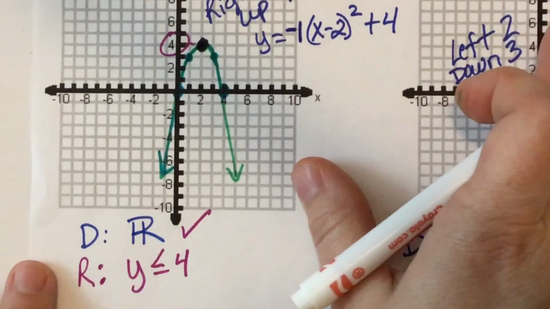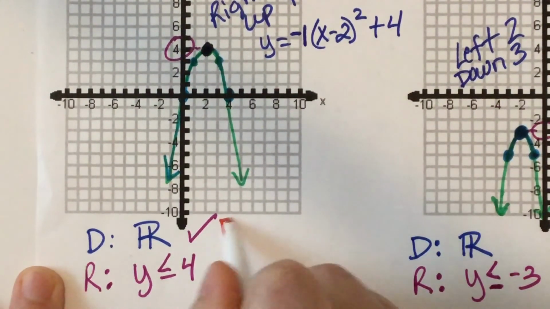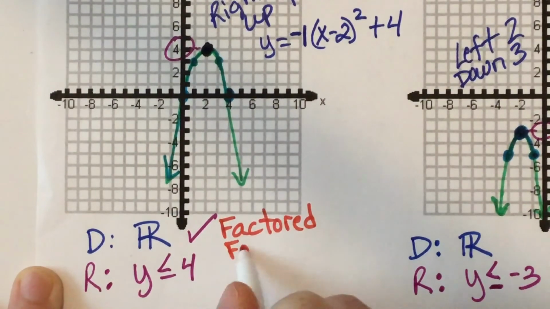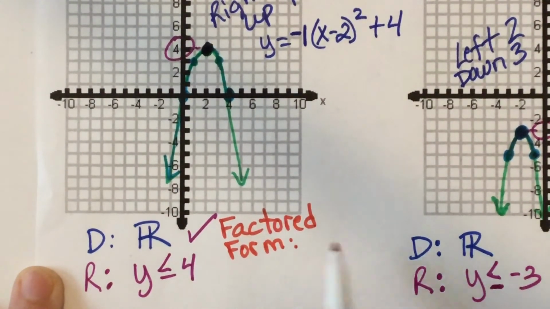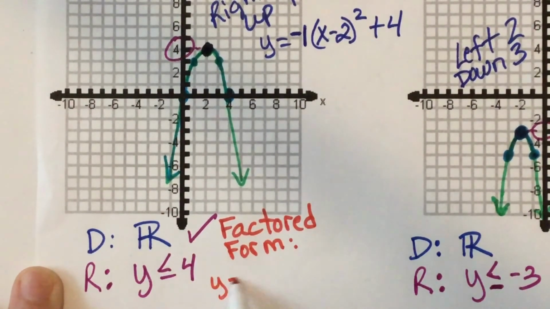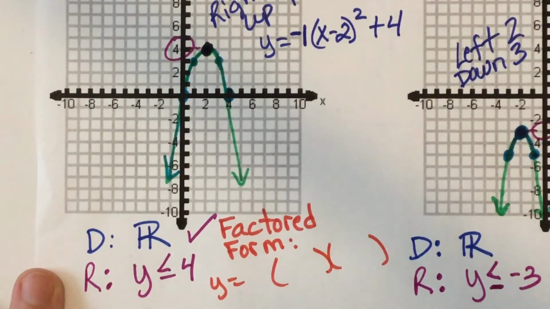Okay, let's look at this one. So factored form. So it's touching the x-axis twice. So I'm going to have two sets of parentheses. So when it touches at 0, it could be x minus 0 or x plus 0.